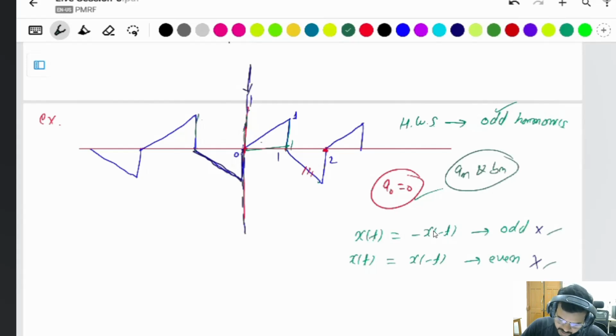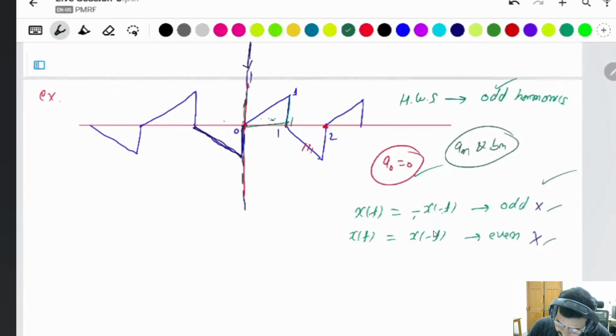If the same thing looks like that, in this case there is an odd signal, because you have the negative. It means this is shifted here, then the negative is there, then you put the mirror image, and this will look the same as that.